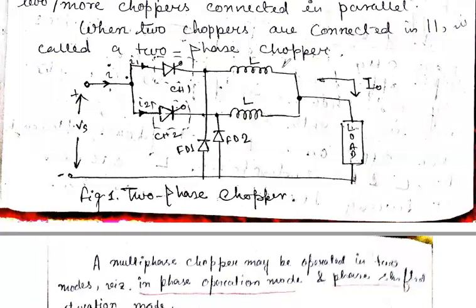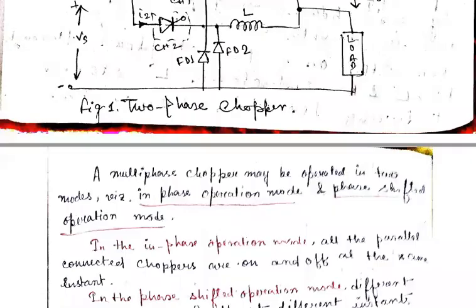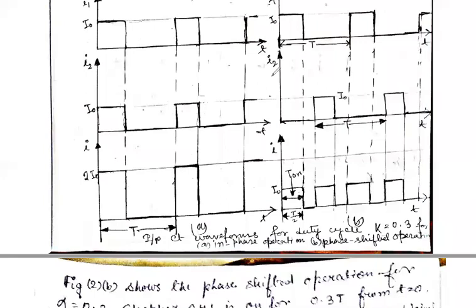As these values are very high, each chopper can operate independently. The graph we have seen is drawn for a duty cycle K of 30%, that means K is 0.3.